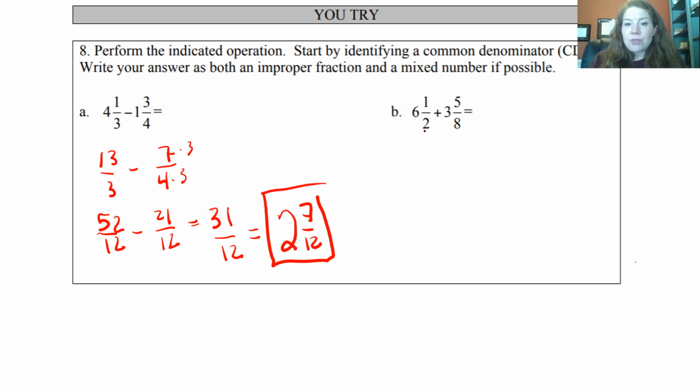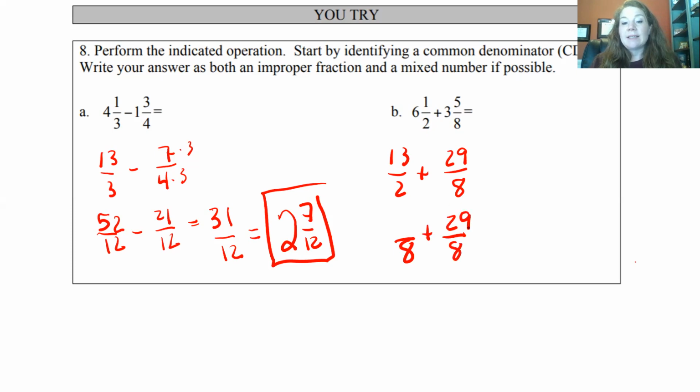B, we're going to do 2 times 6 is 12, plus 1 is 13 halves, plus 24, so 29 eighths. 2 will go into 8, so we're going to use a denominator of 8. Since this one doesn't change, our numerator is going to stay 29. So 2 times 4 is 8, so 13 times 4 is 52.